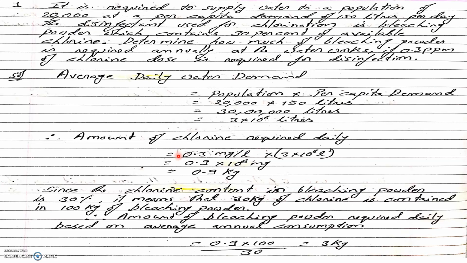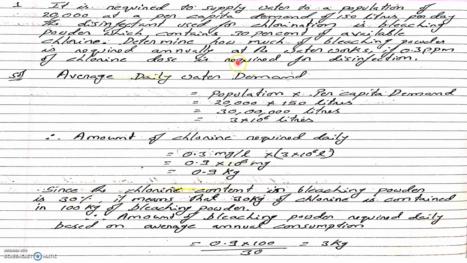Here 0.3 ppm of chlorine is stated, and ppm is 0.3 mg per liter, into the amount of water. So you will have around 0.9 kg, which is the daily requirement.